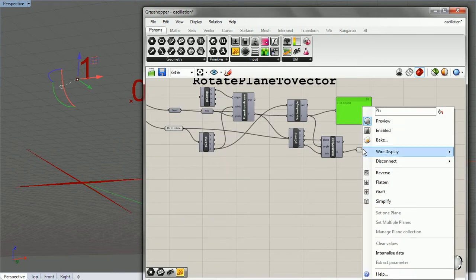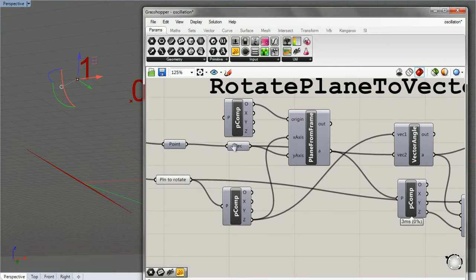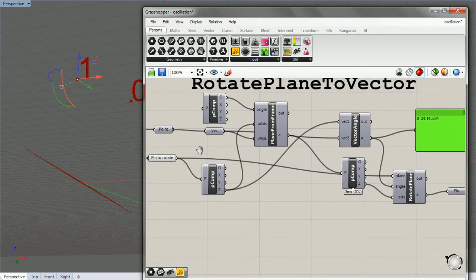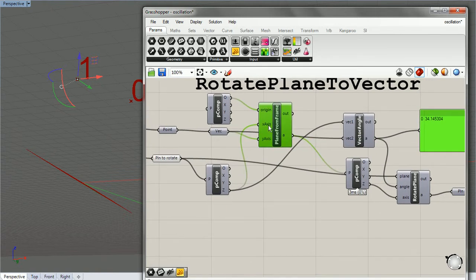I will first make that invisible, and so we're dealing with the z-axis of our plane. Our plane from frame. I haven't talked about this yet.